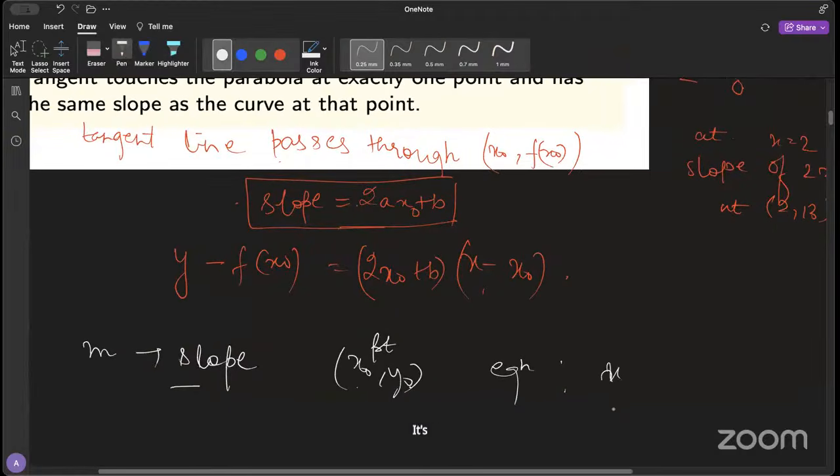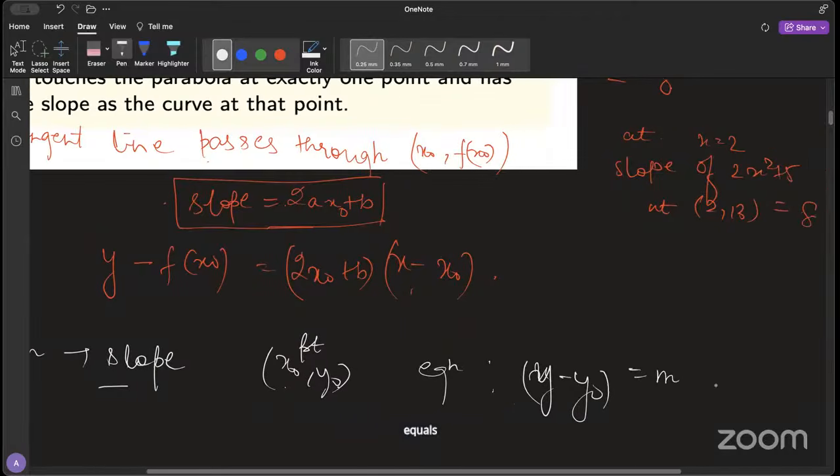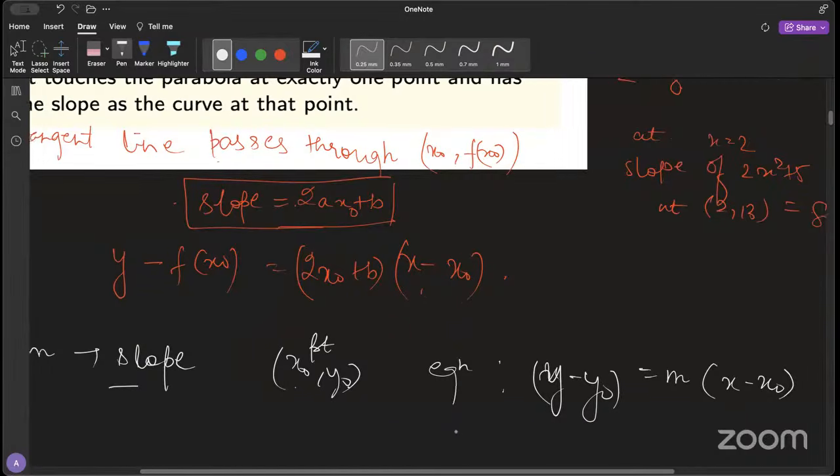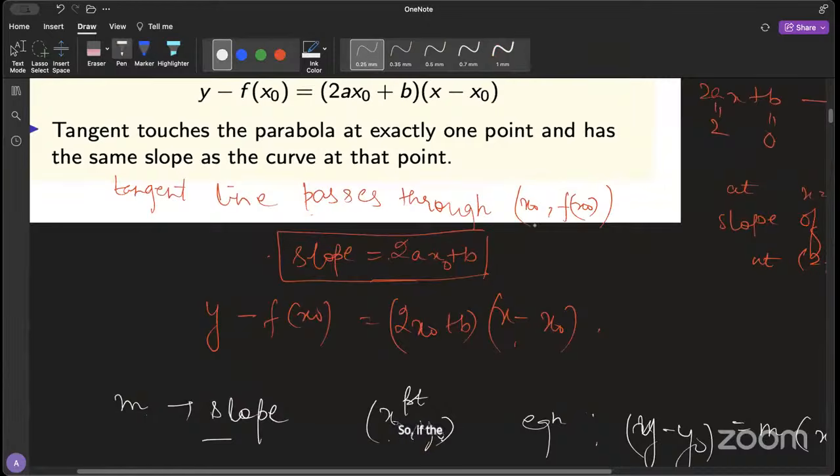It's y minus y naught equals m times x minus x naught, right? So if the point is given to be x naught comma f x naught, and the slope is given to be 2ax naught plus b, then this should be the equation of the tangent line. Is that okay?